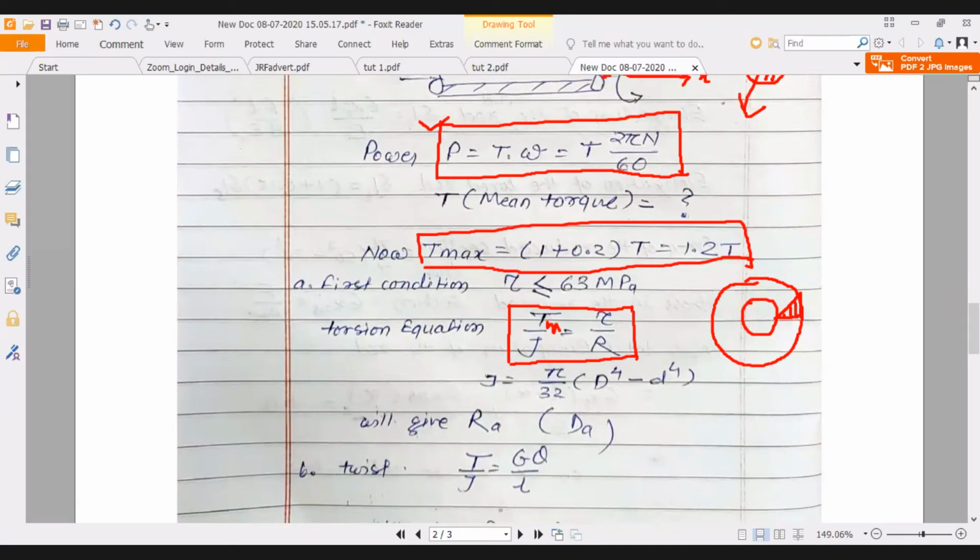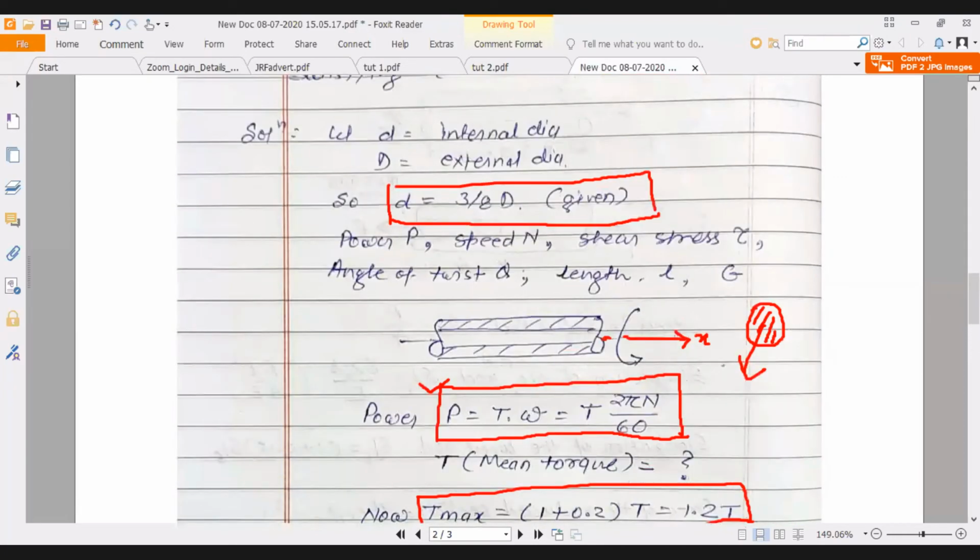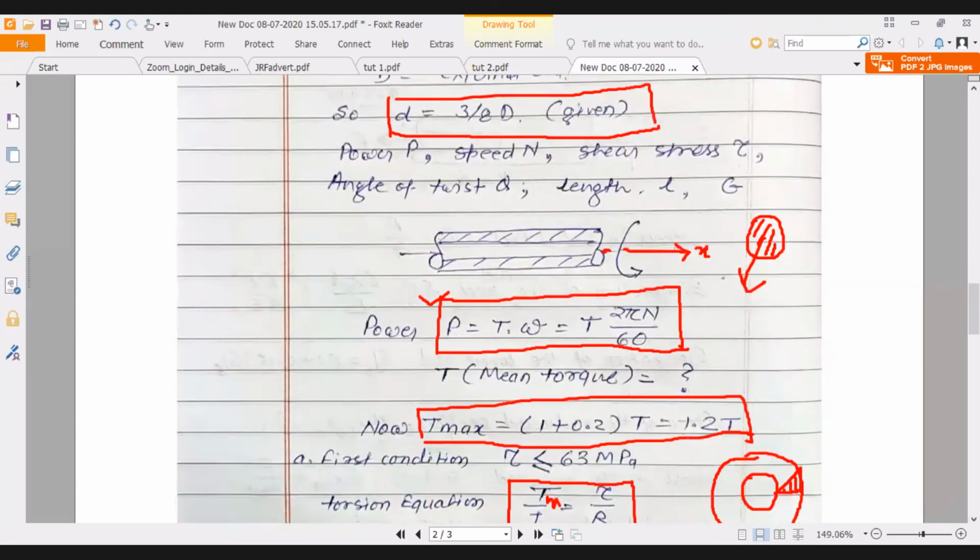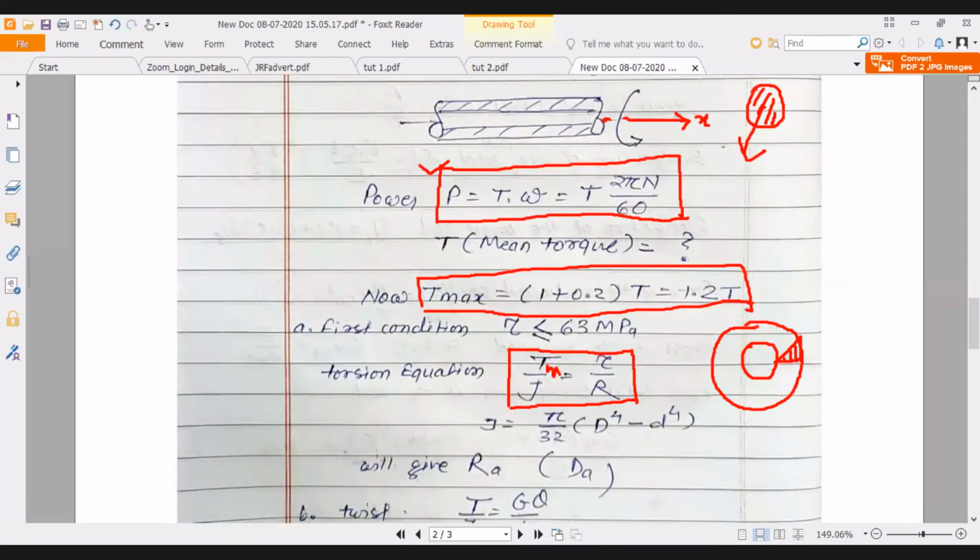This J, you already have the relation between capital D and small d. See carefully. Okay, and how can I represent this R then? Capital D divided by 2.